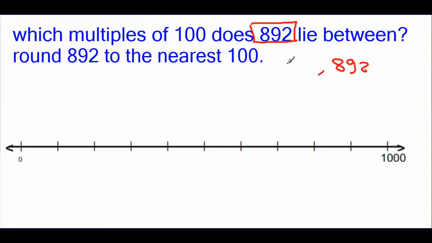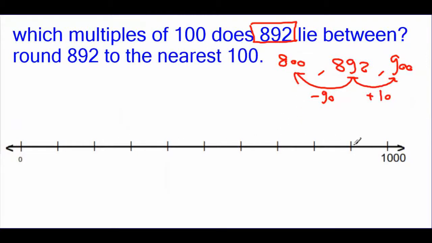892 is between 800 and 900. I have to look at the tens place. So it is about 10 steps forward to reach 900, or 90 steps back to reach 800.